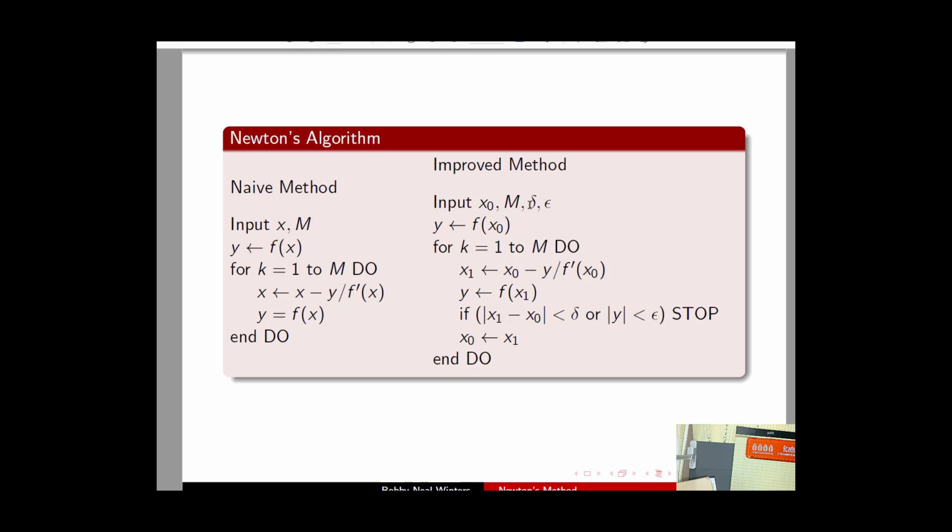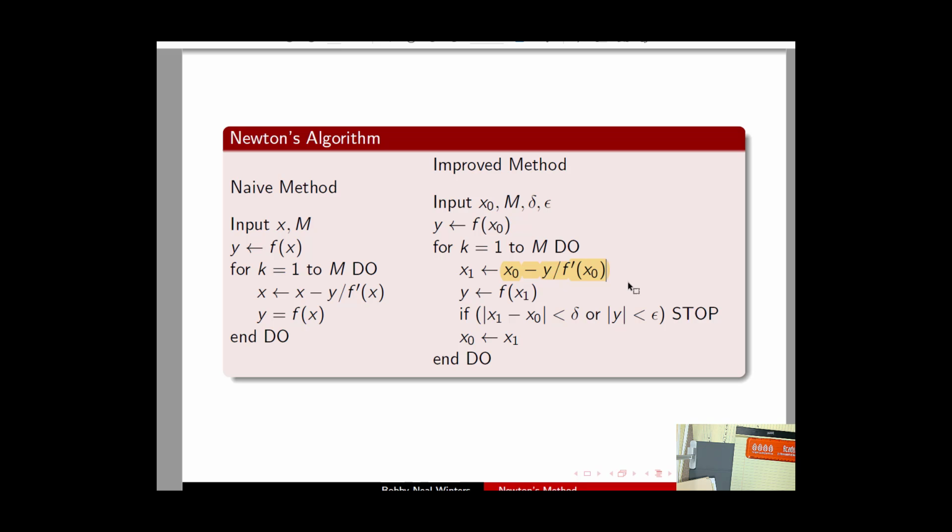Delta is the error tolerance on our x, and epsilon is the error tolerance on our y. We go through the same steps, replacing each x with its successor, computed through this highlighted formula.